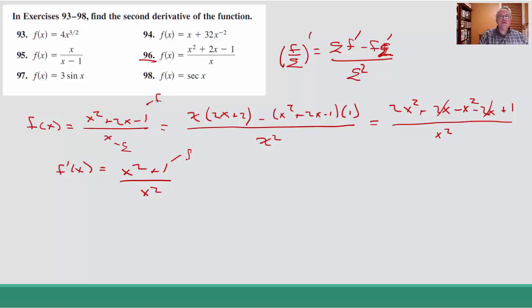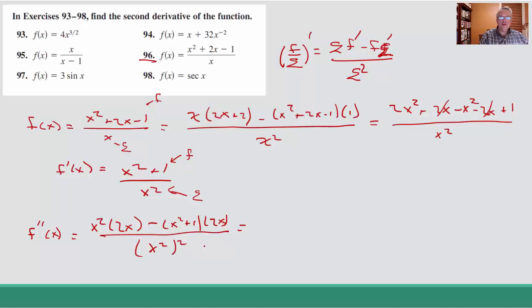So again, using the quotient rule, f is the numerator, g is the denominator. Here we go. f double prime would be g times f prime minus f times g prime all over g squared. That'd be x squared squared.